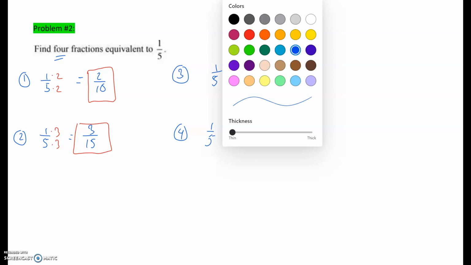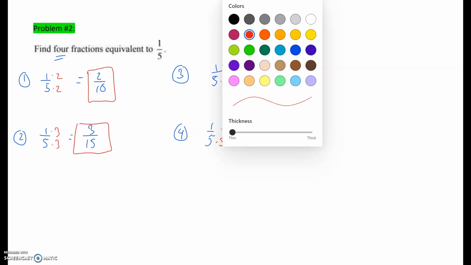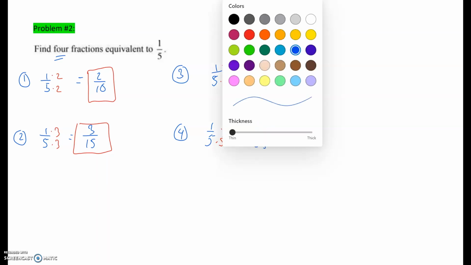Then for the third and the fourth, you have 1/5, and I'm just going to multiply by the next integer. So times 4 and times 4, and times 5 and times 5. So we're looking at 4/20 and 5/25.